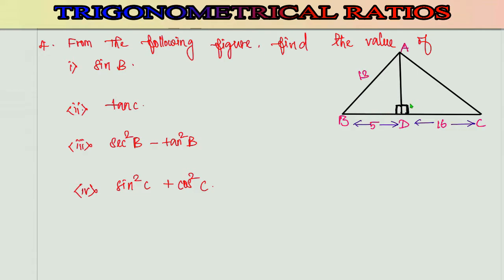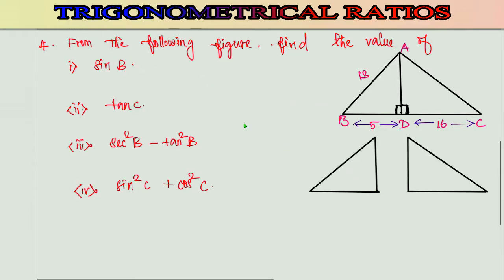Just I am going to split the right angles because we have one angle of reference B and the other angle of reference C. So angle B and angle C, this reference we have, so I am going to split these two right angles. Okay, now I am going to mention here, this is the first triangle, this is A and this is D and this is B, and in the next we have this is A and this is D and here it is C.